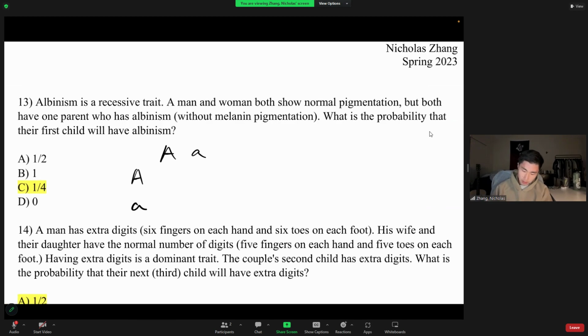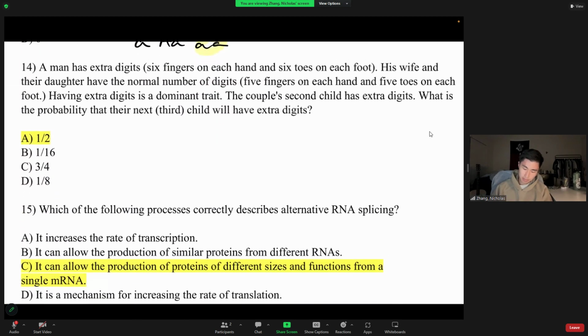So what is the probability that their first child will have albinism? Well, if we just do our test cross, the probability that the first child will have albinism is shown by the homozygous recessive. These two are carriers, and this one is straight up normal, does not have the allele for albinism. So the answer is 1/4.